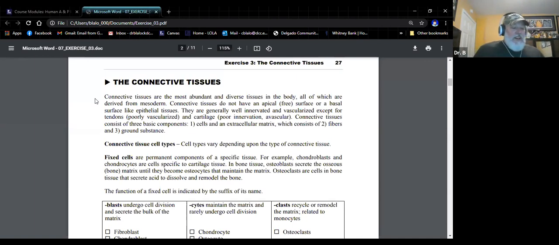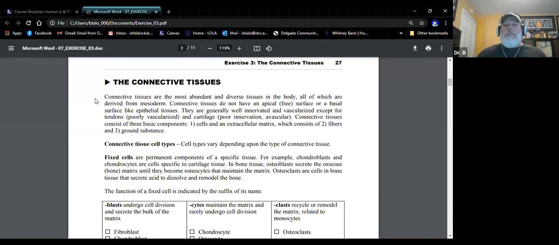So with epithelial tissue, we didn't see space between the cells, but with connective tissue, we will see space between the cells. With epithelial tissue, we saw an apical surface. With connective tissue, we won't see that apical surface. Epithelial tissue, like we said, was avascular. Connective tissue, for the most part, is going to be very vascular.